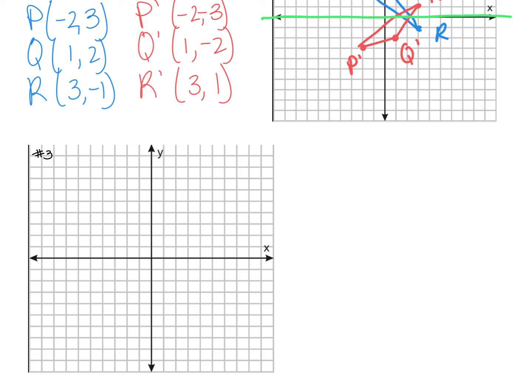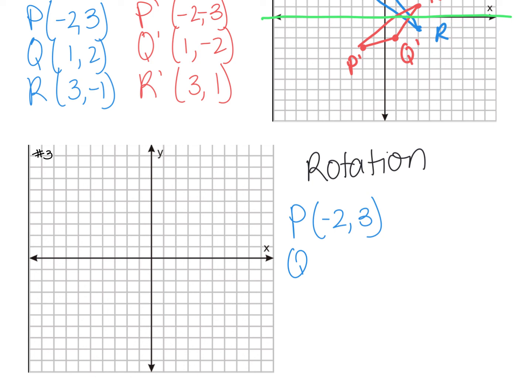And the last one was a rotation. So my rotation: (-2, 3), (1, 2), (3, -1), and then my new points.